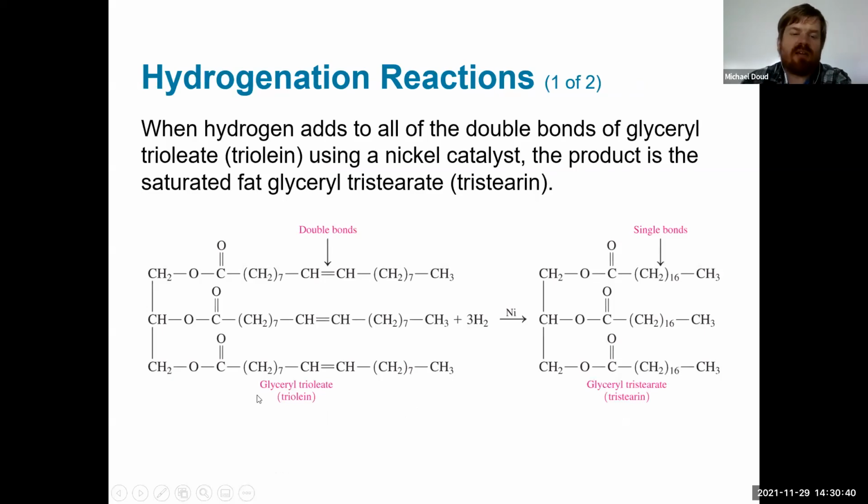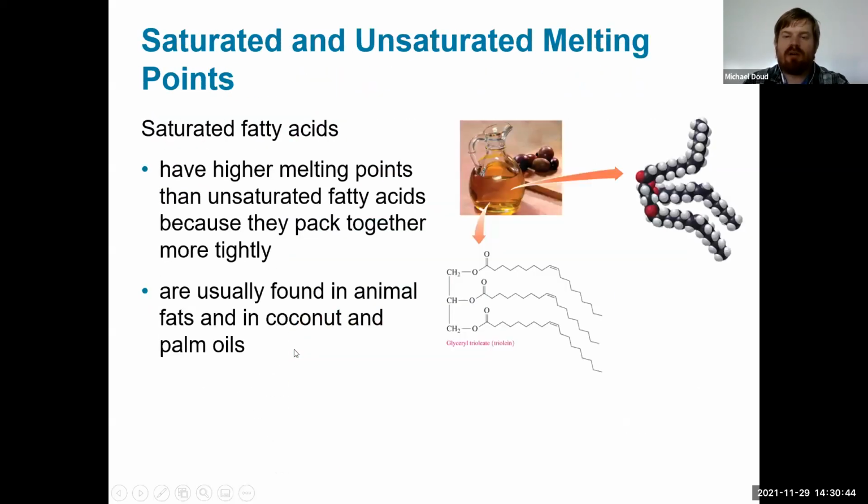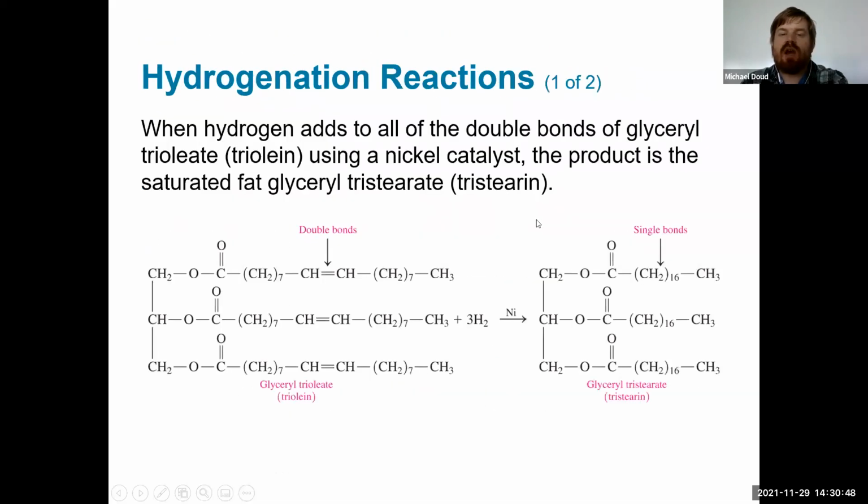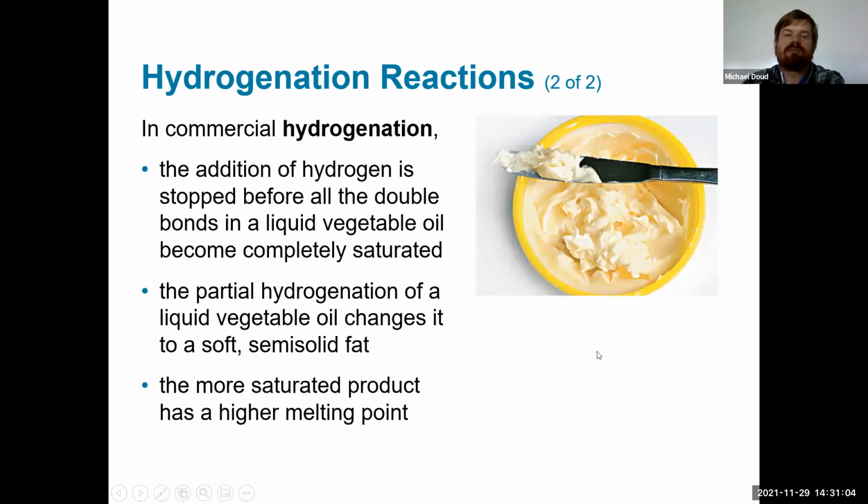So for example, if you take glycerol trioleate, remember that's the one that we looked at up here. Again, it's a liquid at room temperature. If you hydrogenate it, you actually get glycerol tristearate. All of a sudden now you've got saturated fatty acids in the glycerol tristearate, and that means that it's going to be a solid at room temperature.